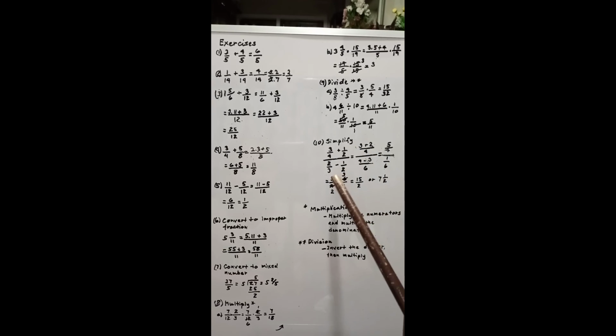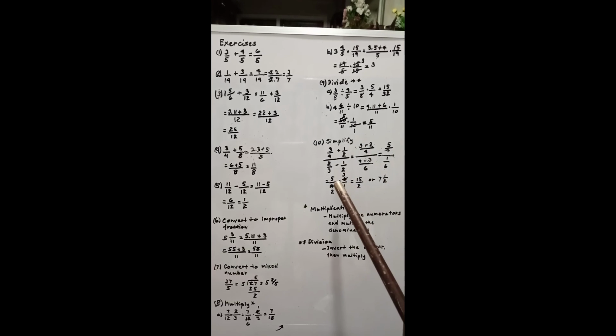Now, let's go down to the denominator. Take note that for 3 and 2, we can use the LCD, which is 6. So we have 6 divided by 3 is 2 times 2 equals 4. And then 6 divided by 2 is 3 times 1 equals 3. So you have 4 minus 3 over 6. So we have now 5 over 4 divided by 1 over 6. Now, as the rule says, invert the divisor.